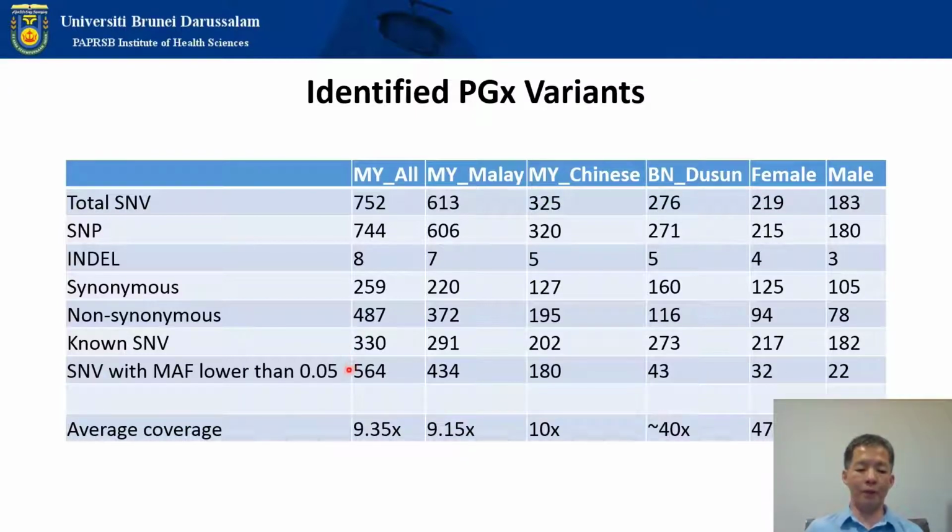And quite interestingly, which we don't quite know how to explain, or whether this is really the truth, from the annotations that we did, we found that in the Malaysian data set, a large number of the variants have minor allele frequency lower than 0.05, whereas in the two Dusun genomes that we found it is far less, and we sort of expect this is probably the more likely result.